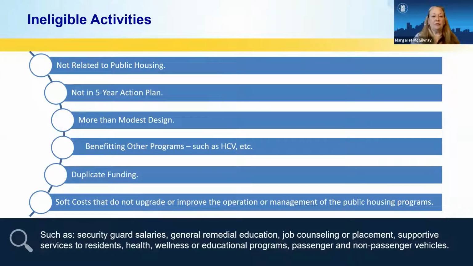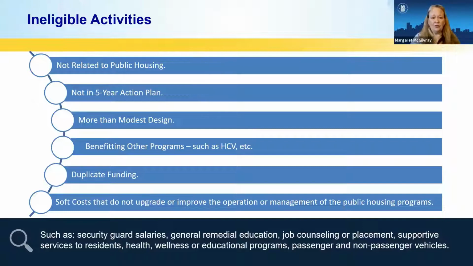Although passenger vehicles, such as maybe a vehicle for the executive director, are generally ineligible, the PHA can charge mileage that's associated with carrying out those capital fund activities, such as driving to sites to inspect capital fund work, driving to meetings with the architects or engineers or resident meetings. So it's important to keep very strict travel logs for those vehicles and to generally just be very careful when using capital funds associated with vehicles.